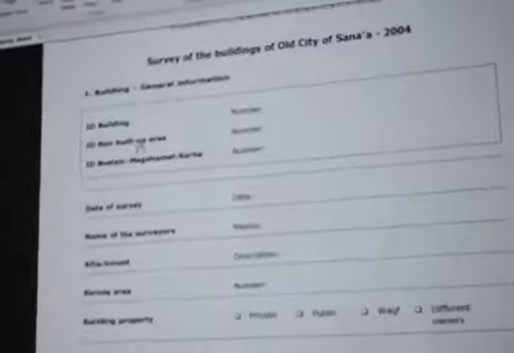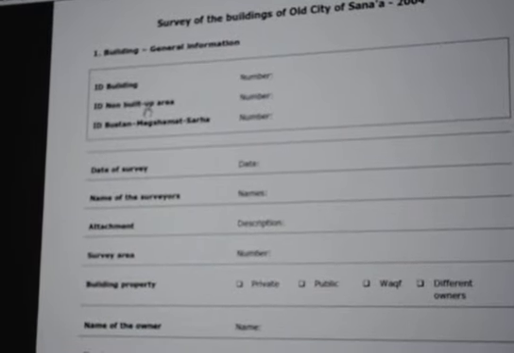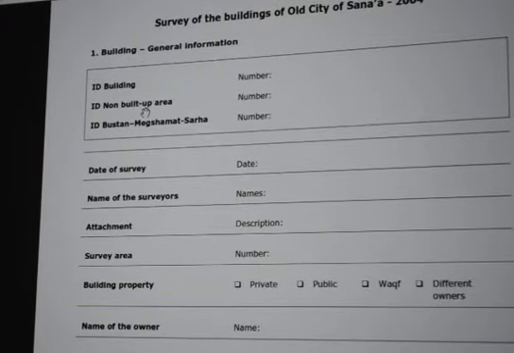Then, as you can see here, we have buildings, non-built-up area, that is all the open areas that may be within the building, in between the buildings. I hope it's clear that we have chosen building here because we didn't have any cadastral map and we didn't have any clear and reliable identification of the properties.